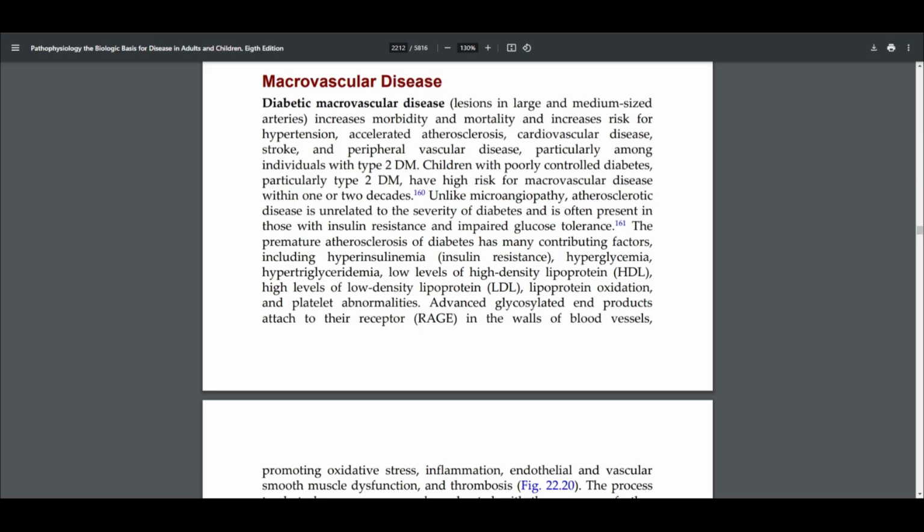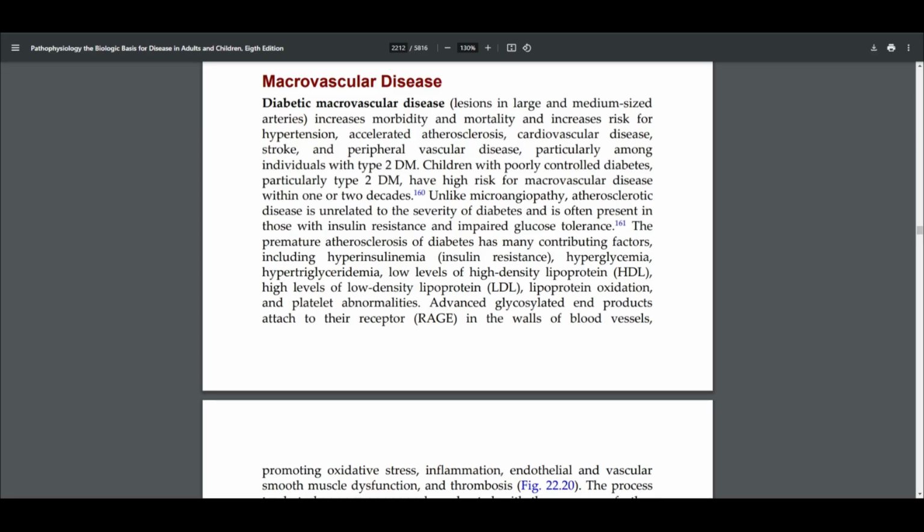Unlike microangiopathy, atherosclerotic disease is unrelated to the severity of diabetes and is often present in those with insulin resistance and impaired glucose tolerance. The premature atherosclerosis of diabetes has many contributing factors, including hyperinsulinemia, hyperglycemia, hypertriglyceridemia, low levels of high-density lipoprotein, high levels of low-density lipoprotein, lipoprotein oxidation, and platelet abnormalities.